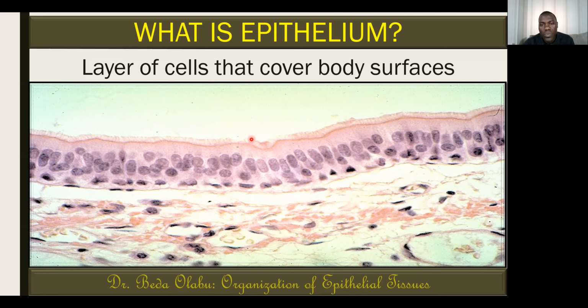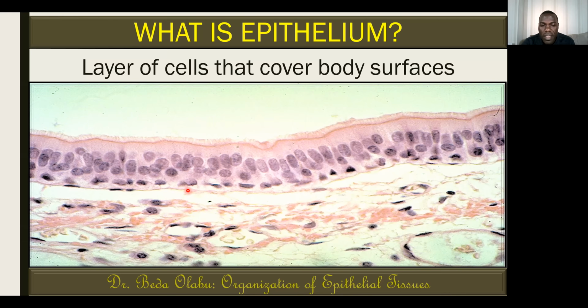Having said so, it then means that wherever you have epithelium, there'll be part of the epithelium that will be free, this side, and part of the epithelium that's attached, this side. The free side is called the free surface or the apical surface.